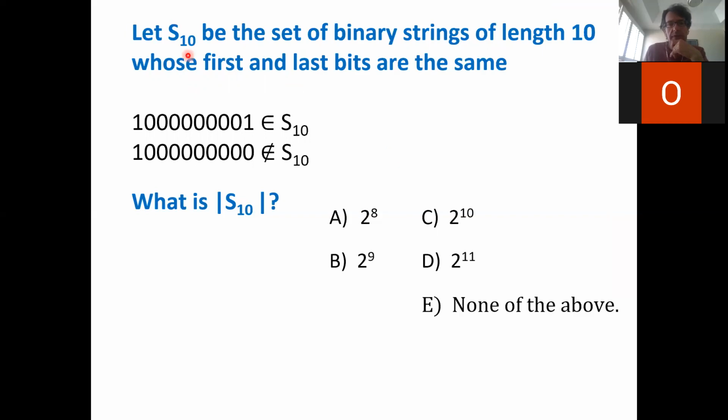So the set is of binary strings of length 10, but with a constraint that the first and last bits are the same. In other words, this bit string, for example, is in the set, but this one is not because the last and first bits are different. Okay, so send your votes. What's the cardinality of the set?